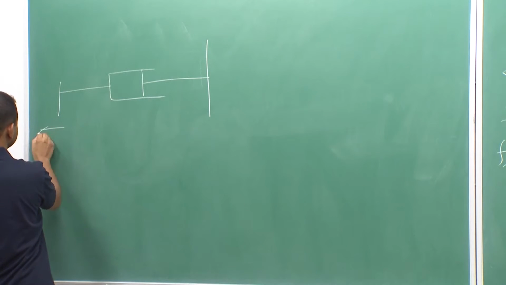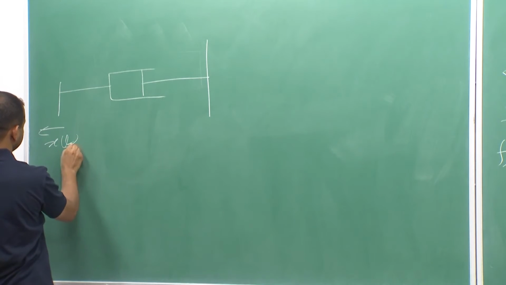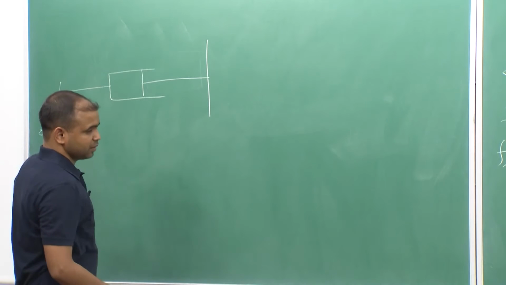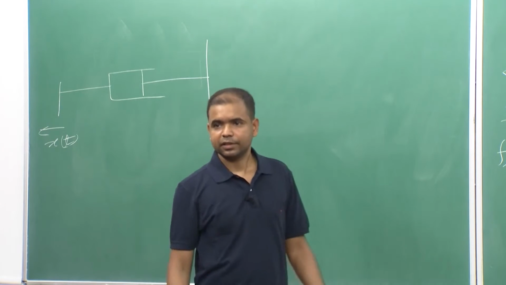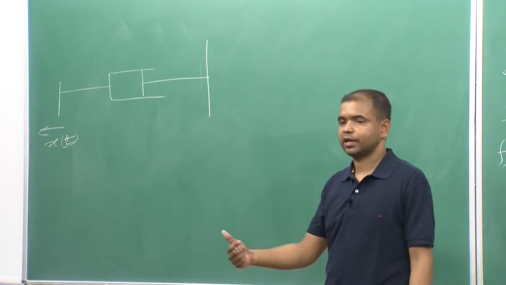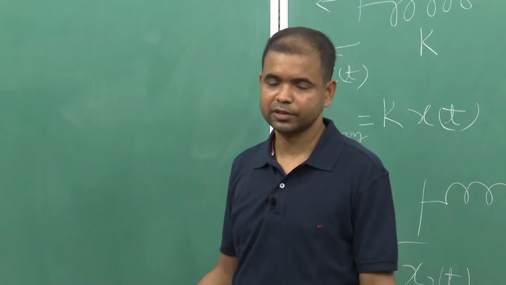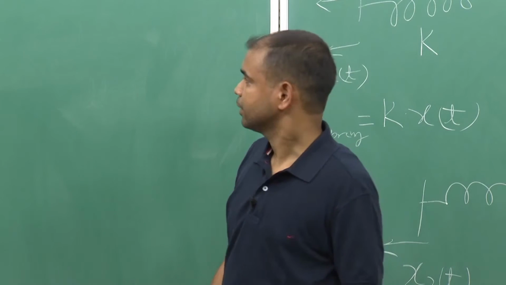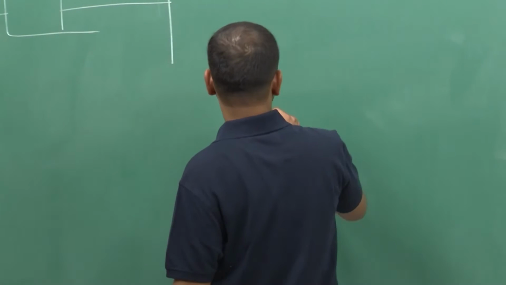The damper is basically non-conservative in nature. It dissipates the energy from the system to the environment, and it works basically on friction. In nature there are three types of friction.